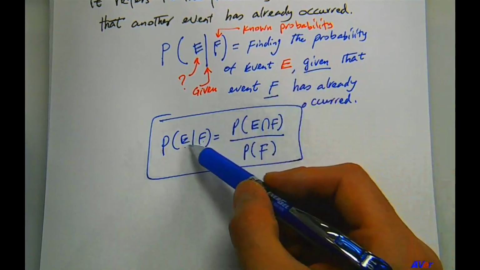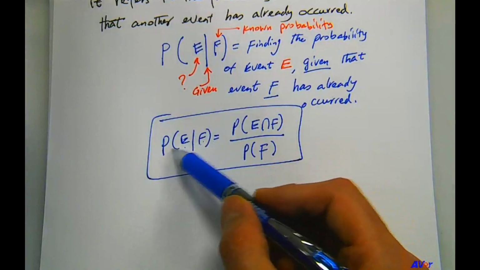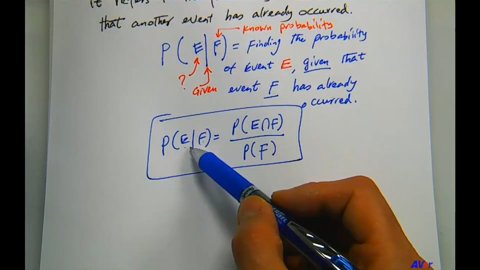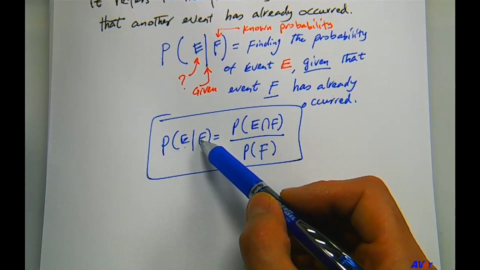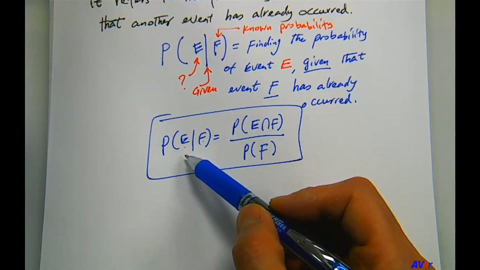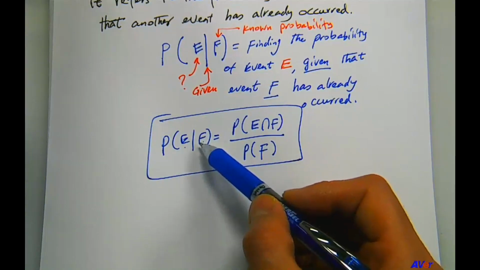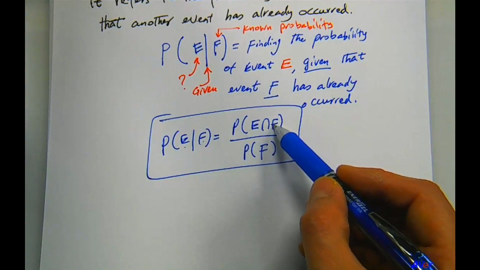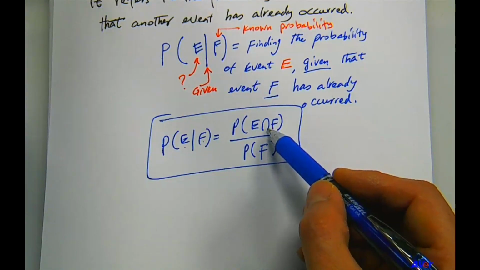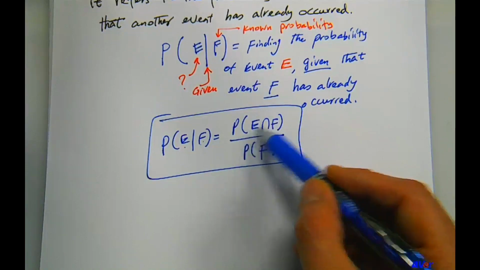Now, let me say right away that the order on the left side matters. So probability of F given E is going to be different than probability of E given F. But the order here doesn't matter. So E intersection F or F intersection E, it makes no difference. It's the same probability.